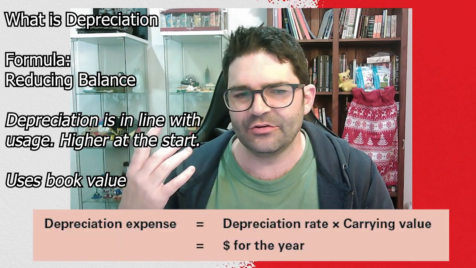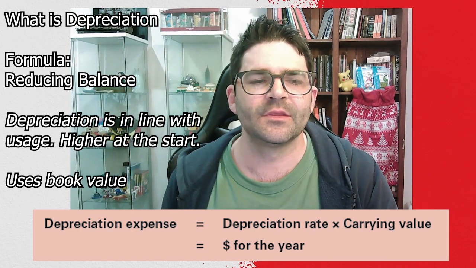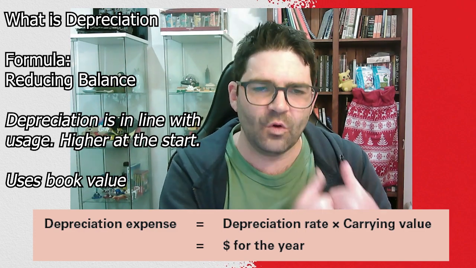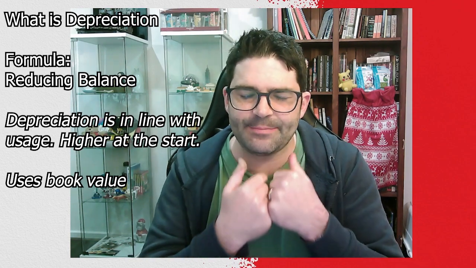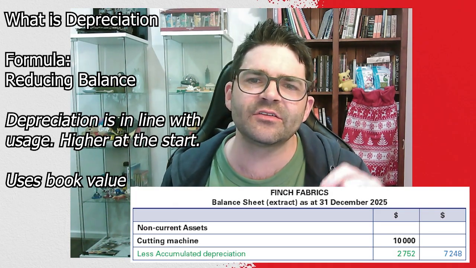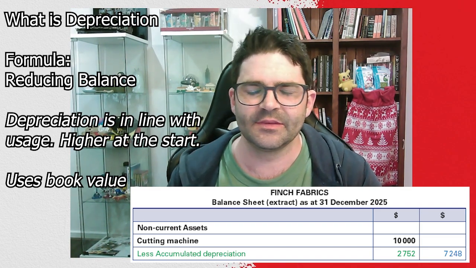Now, carrying value or book value is the amount the asset is worth at a current point in time, and it's displayed on the balance sheet as such. You see you've got the asset name, and here it goes less accumulated depreciation.